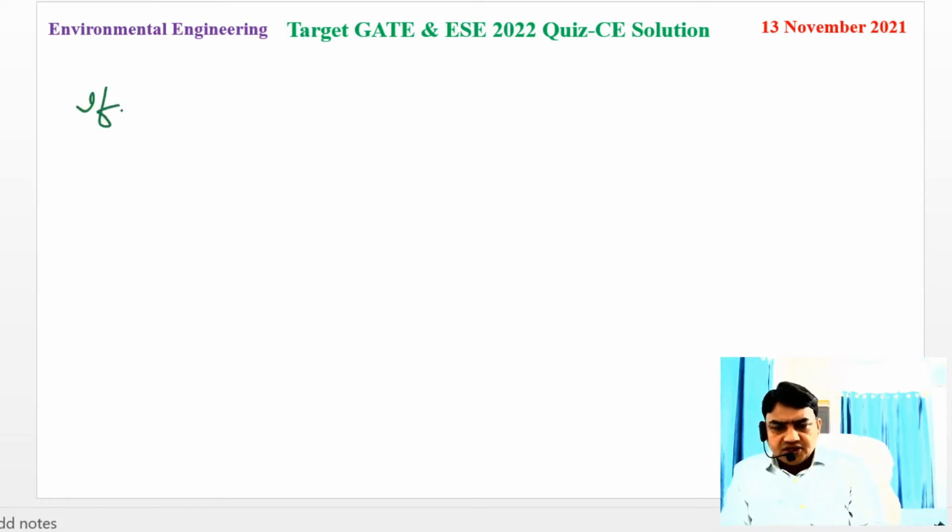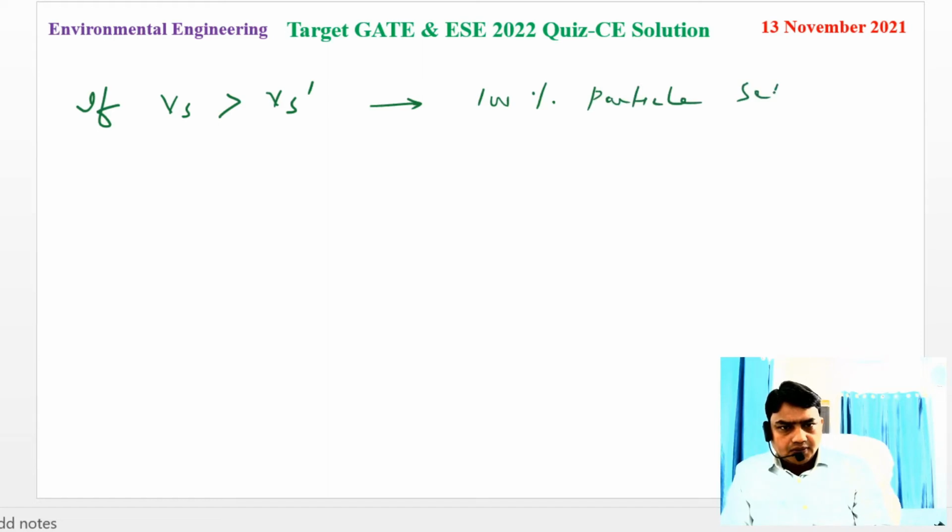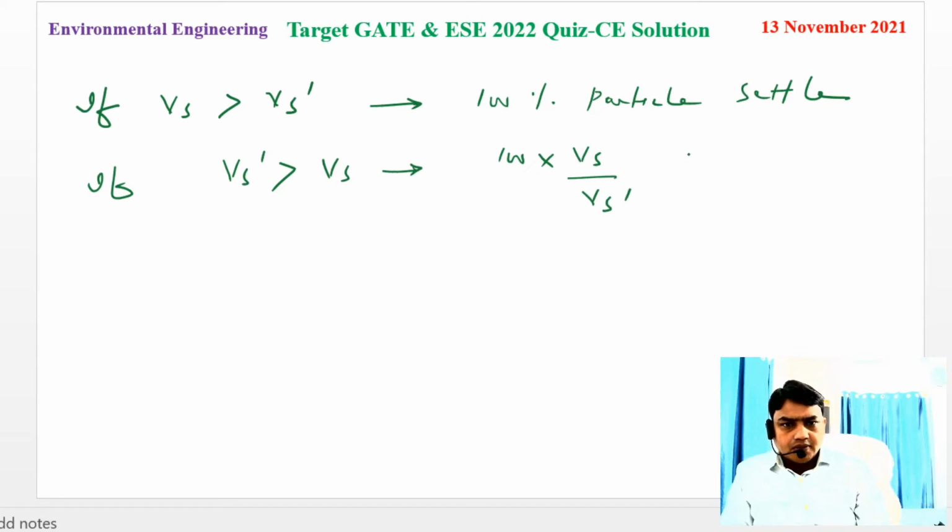If Vs settling velocity is greater than Vs dash, then 100% particle settle. But if Vs dash is greater than Vs, then 100 into Vs by Vs dash percent particle settle.